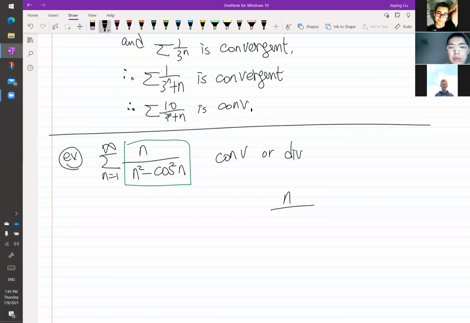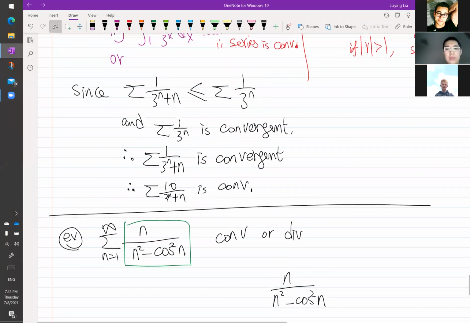We want to find functions that we can compare directly with n over n squared minus cosine squared n. Maybe we can find functions greater than or functions less than. One over n is greater than this.